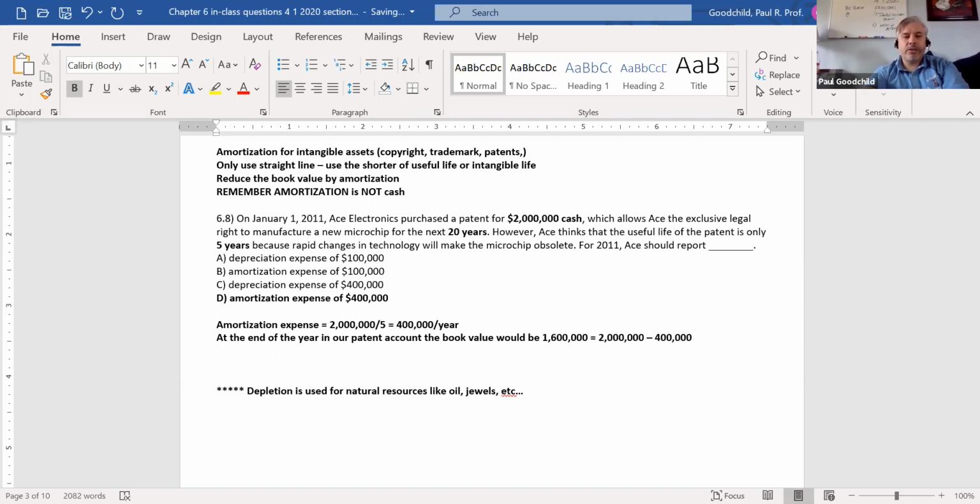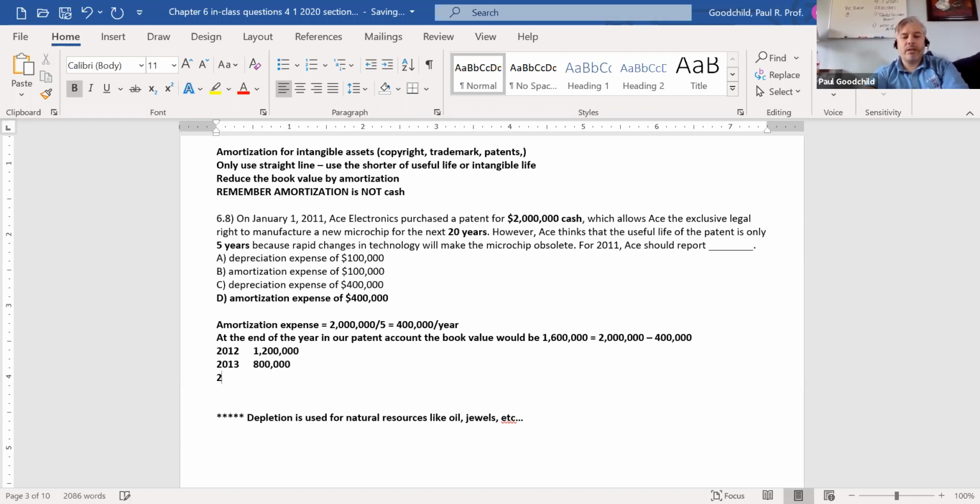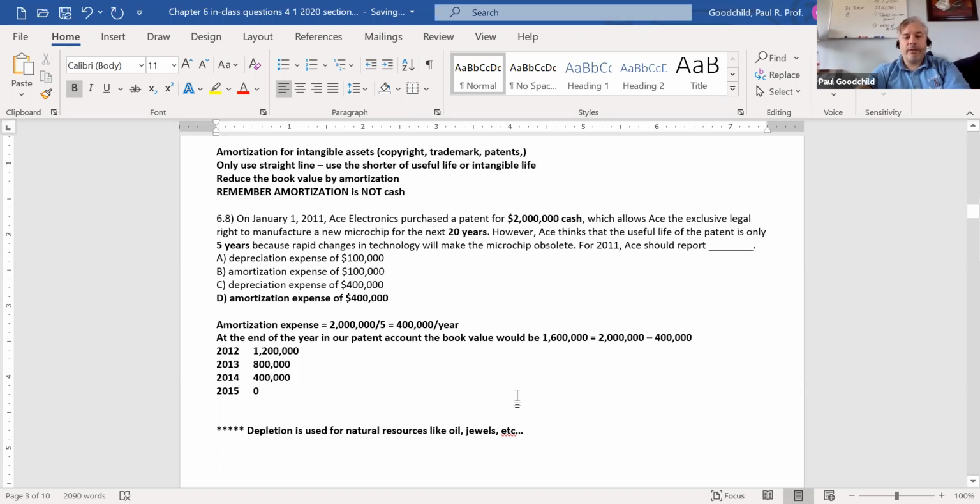And then so each year afterwards, so 2012, at the end of the year, it would be 1.2 million. 2013, it would be 800,000. I see a question there, so I'll get to that in 1 second. 2014, 400,000. And then at the end of 2015, it would have 0 book value.